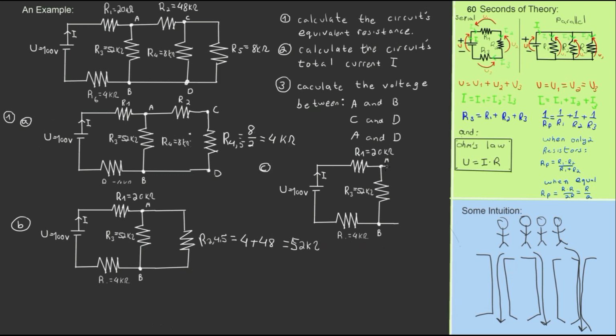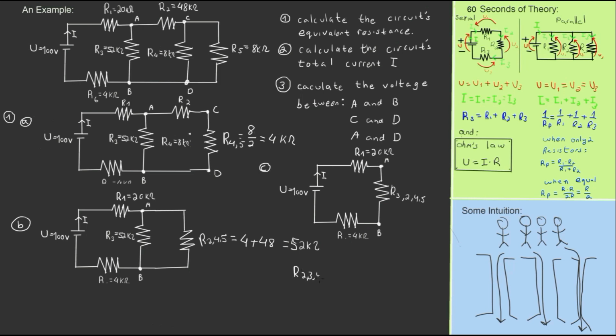We don't need these anymore. These are 3 resistors, and it's not R3 anymore. It's a new resistor, and we'll call it R2345. Now it's the simplified version of 4 resistors, and let's calculate it over here.